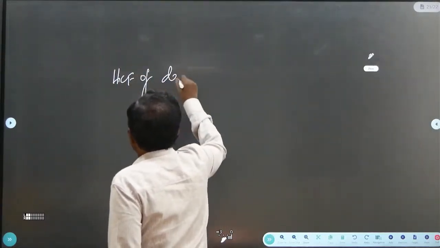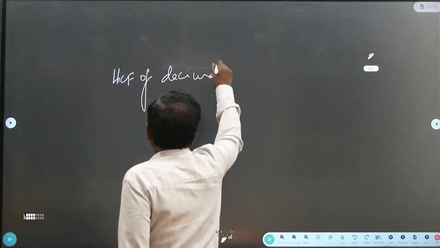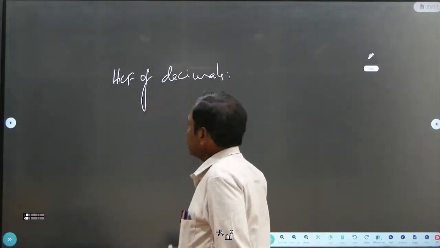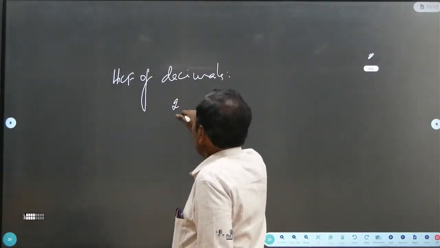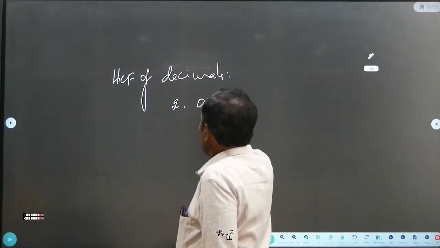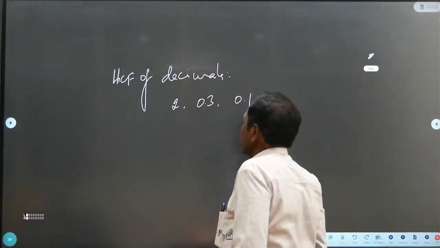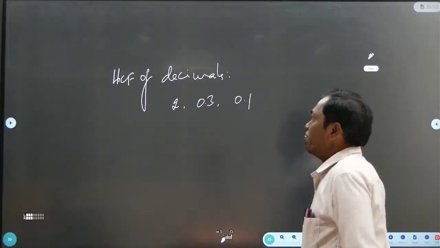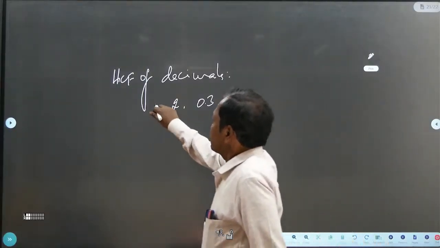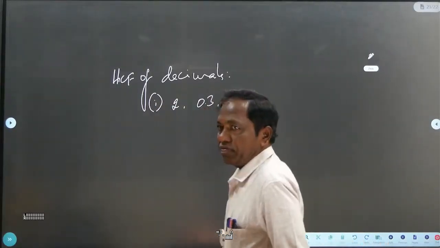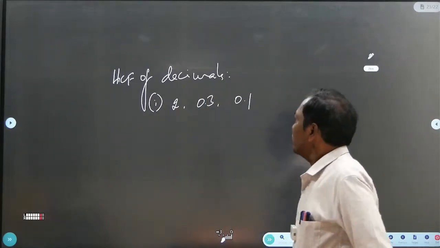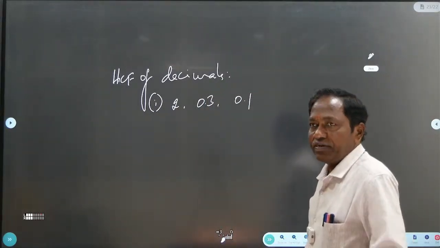HCF of decimals: 2, 0.3, 0.1. Just convert all the numbers into uniformity.